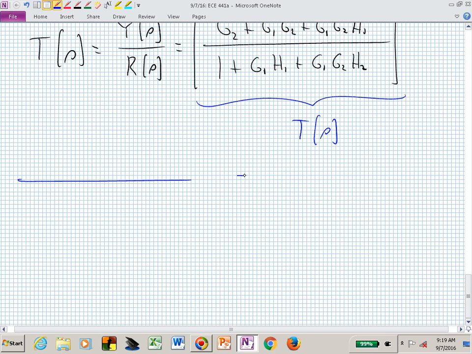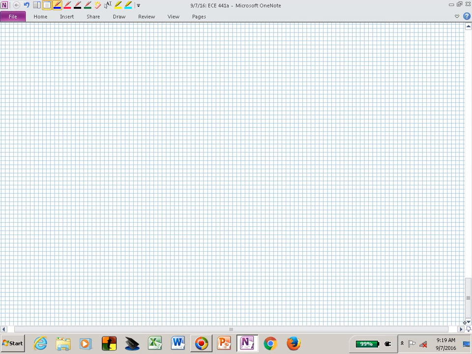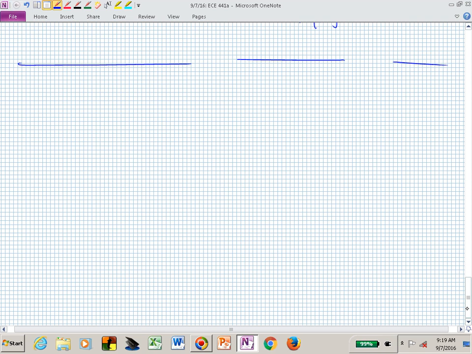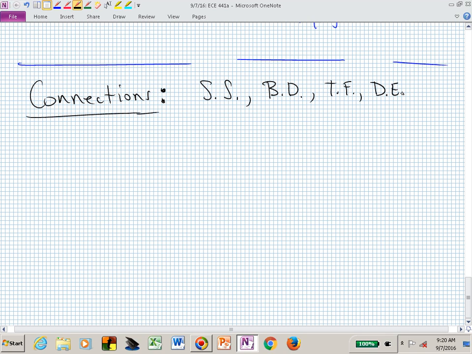Let's now try to feel more comfortable with these connections between our different representations or models of the same system. We have state space, we have block diagram, we have transfer function, and we have differential equation.